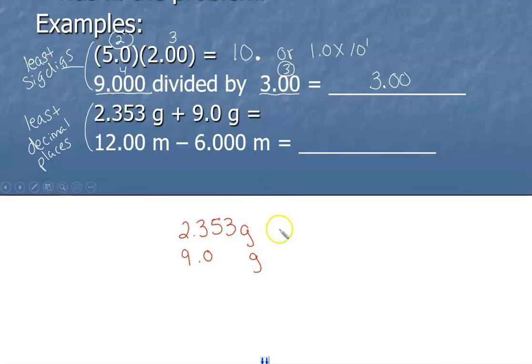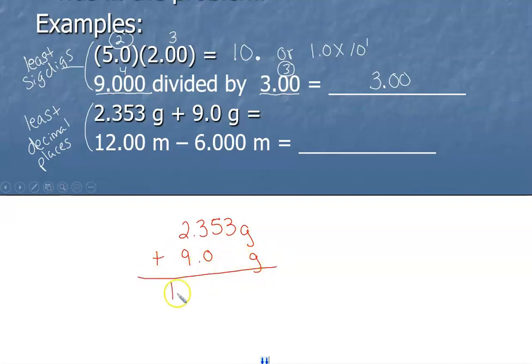So first off, in lab, never use 2 different scales. That's a rule. Always use the same scale. Whatever scale you start with, you stay on that scale. But if we were adding 2 masses and one person had this scale and another person had this scale, and I said, what is the mass of those 2?